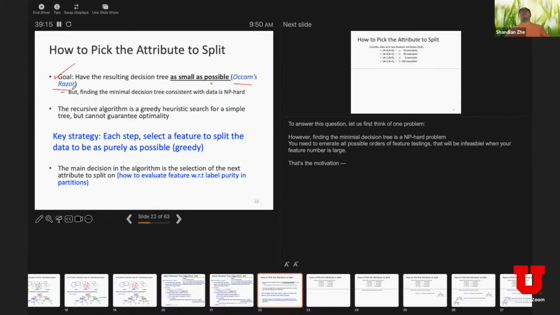Which one would you like to pick? Yes, the simplest one. Why? This is just a philosophical principle. There's no rigorous mathematical proof, but many science and engineering practices are verified by this Occam's razor principle.